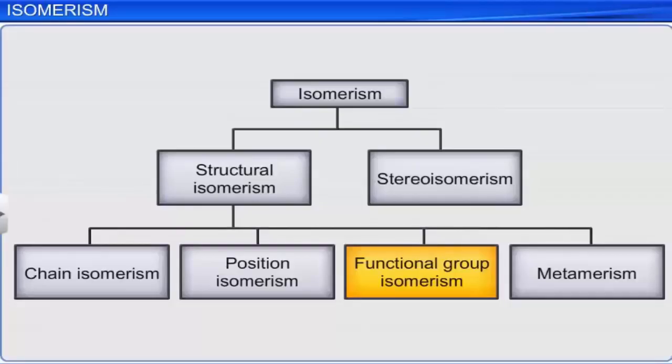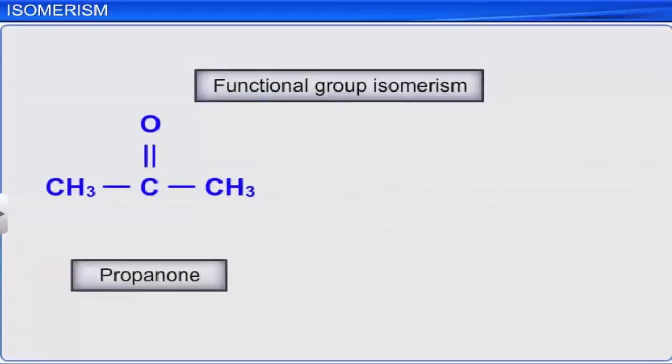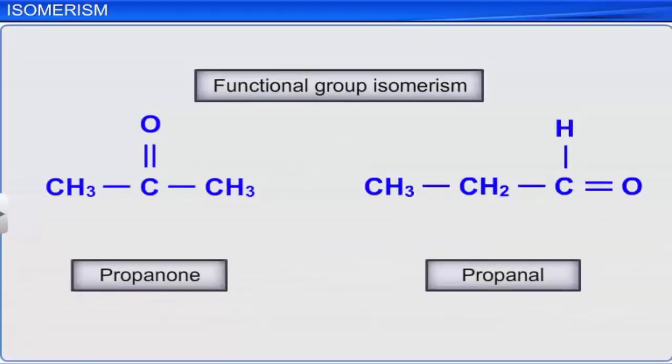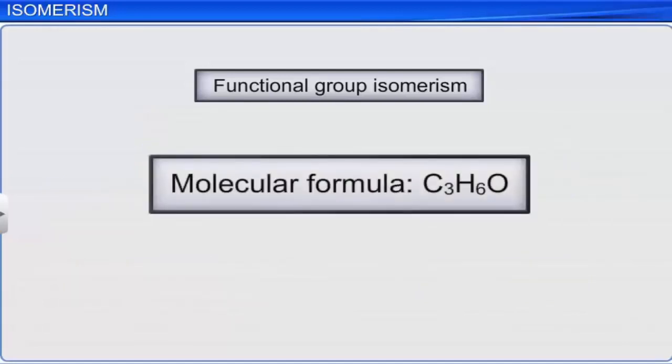Next, let's look at functional group isomerism. Compounds that have same molecular formula but different functional groups are known as functional isomers, and the phenomenon is known as functional isomerism. Propanone and propanal represent two functional isomers having the same molecular formula, C3H6O.